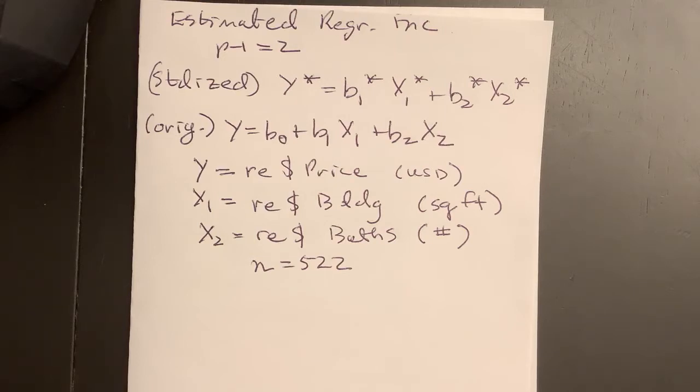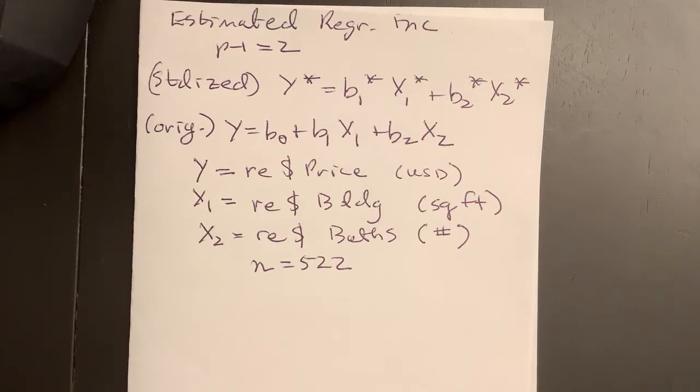So y, the response, is price, x1 is the house square feet, and x2 is the number of bathrooms, and there's 522 rows. The original estimated, or fitted, regression function is y equals b0 plus b1 x1 plus b2 x2, and that's right from the original data.